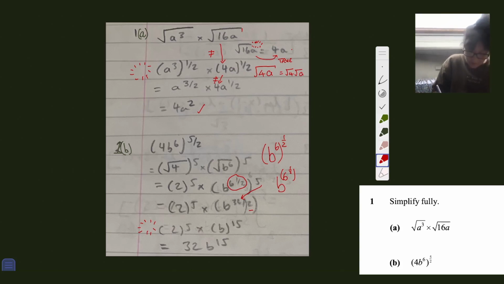Okay, so we're doing b to the power of 6, all to the power of a half, all to the power of 5. And what you've done is switch the half and the 6, and then multiply together the 6 and the 5. That's okay. To make 30 over 2, which is 15. And then it looks like it's coming together at that point.